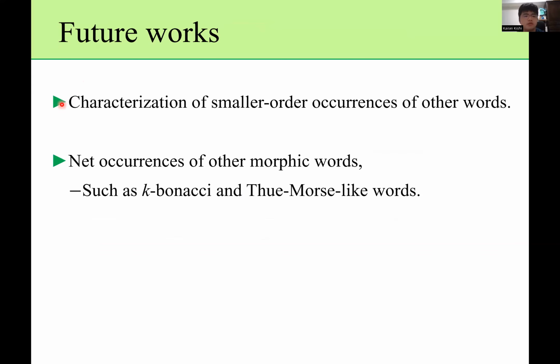And I think these works can be done by Walnut or some theorems of morphisms, like recognizable morphisms. And other future works are the net occurrences of other morphic words, like Fibonacci words and Chimos-like words and other morphic words.